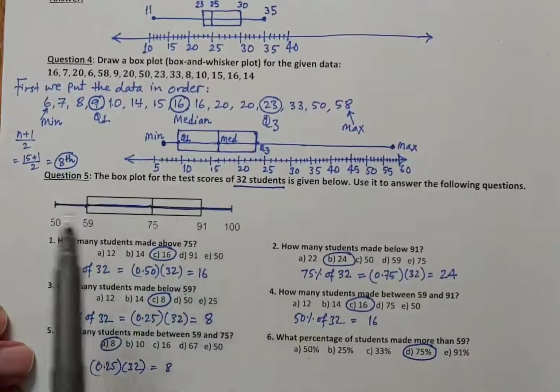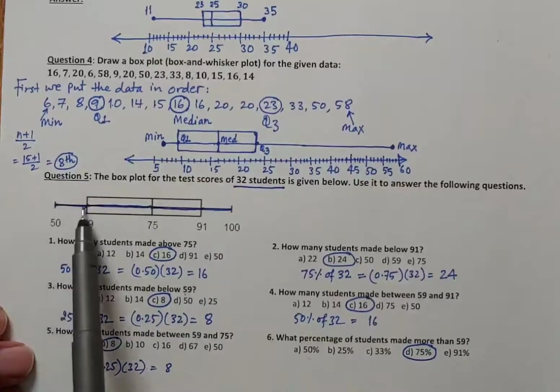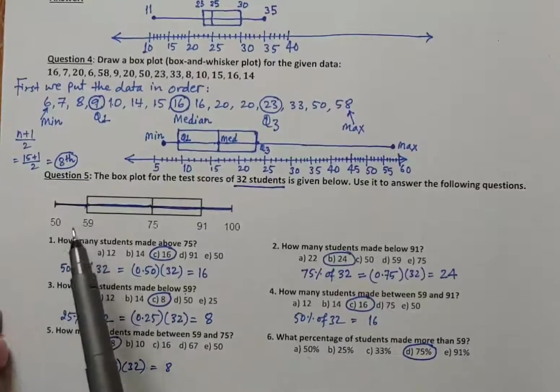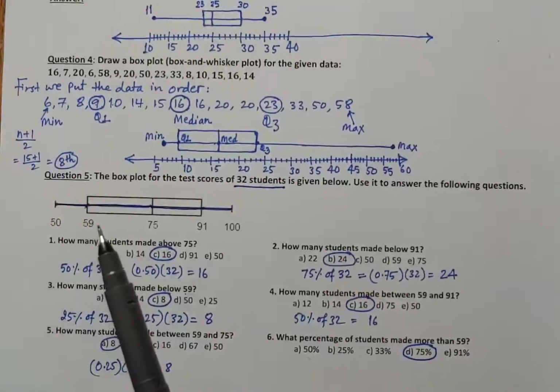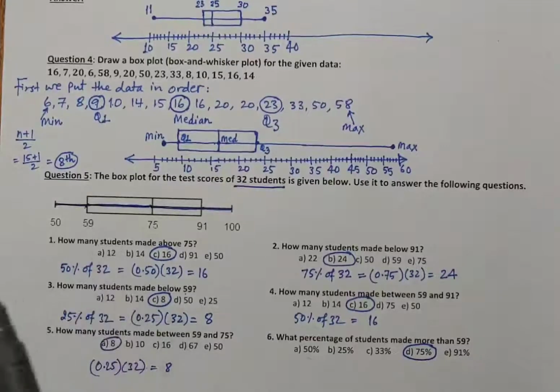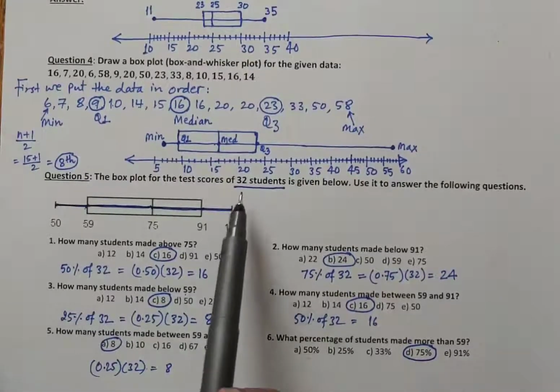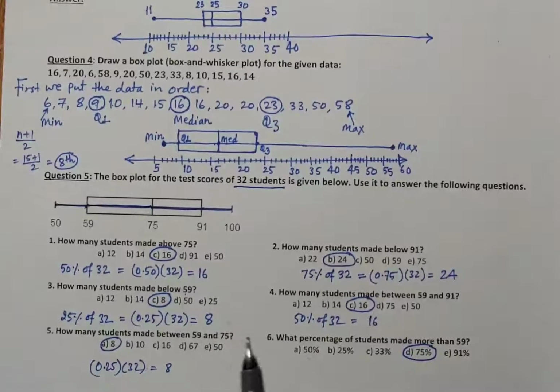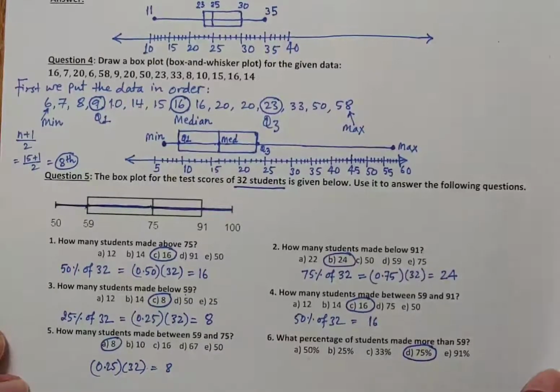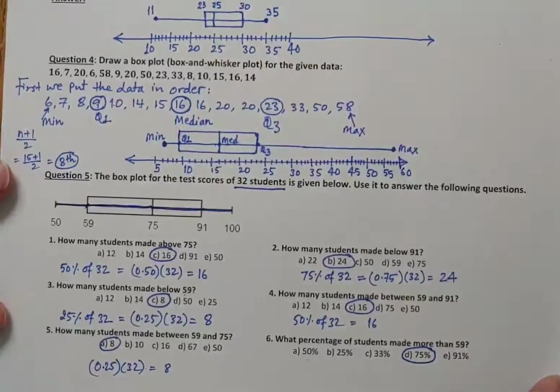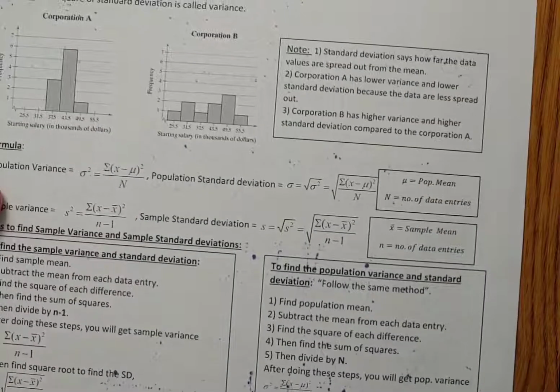Between 50 and 59, 25%. Based on that knowledge, we find out the total number of students between any two numbers. Okay, so this is the first page. Now let's go to the next page.